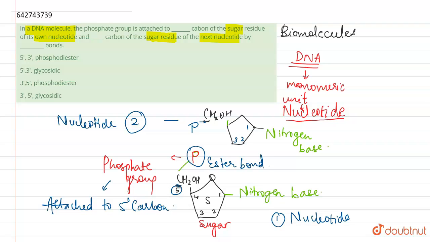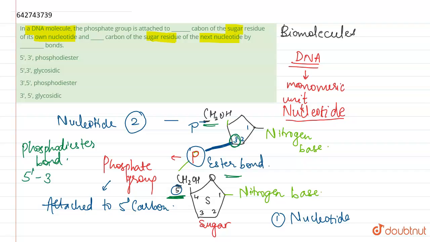But the bond formation between the first and the second nucleotide will happen with respect to the third carbon of the second nucleotide. And the name of the bond is the phosphodiester. This one ester and the other ester, diester. Di is 2. Phosphodiester bond, and the location being fifth carbon of this, and the third of the other.